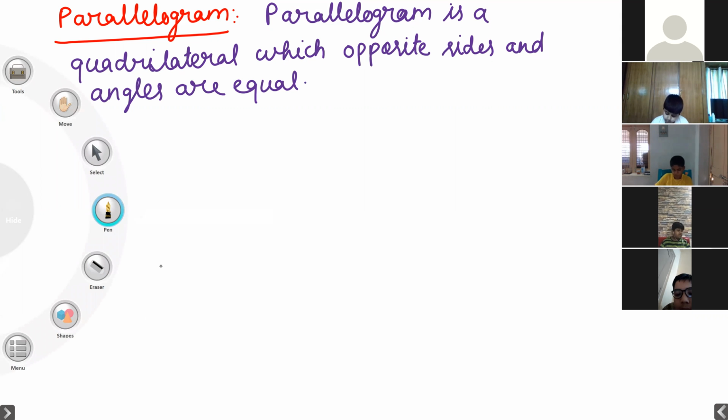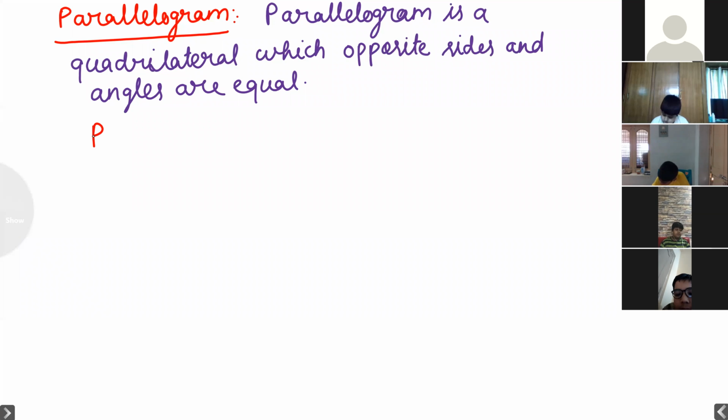There are four properties. How do we identify whether this is a parallelogram or not? Properties.